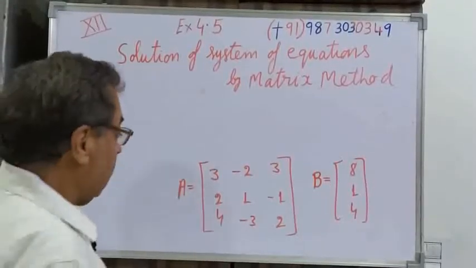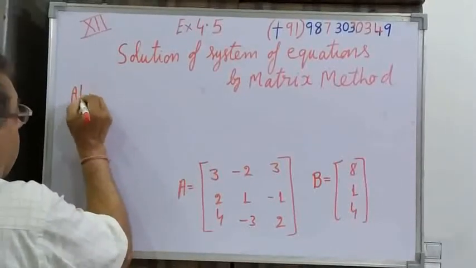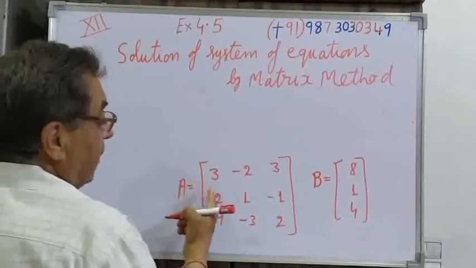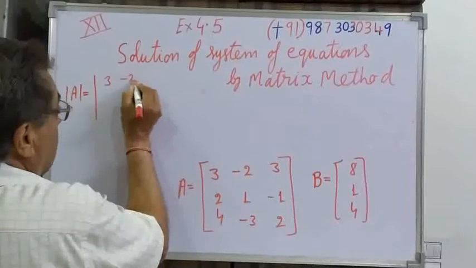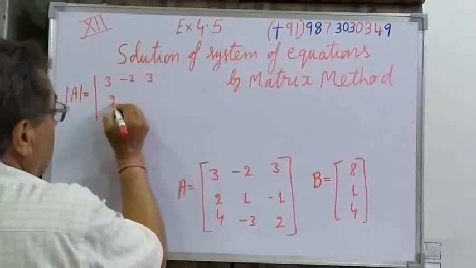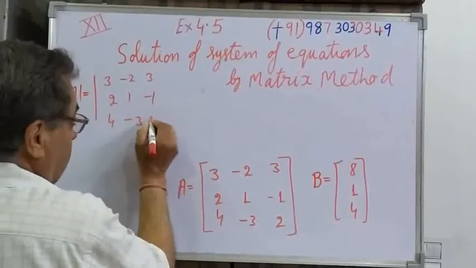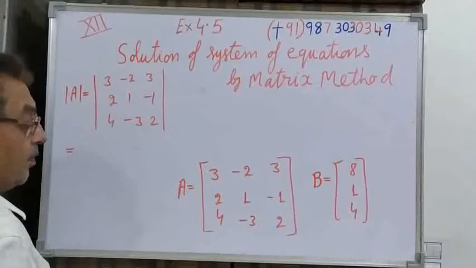For finding A inverse, the first step is to find the determinant of A. Take the matrix A as a determinant: 3, minus 2, 3; 2, 1, minus 1; 4, minus 3, 2.